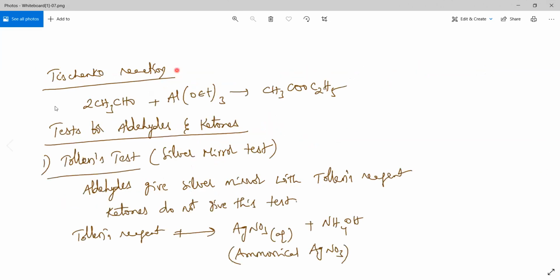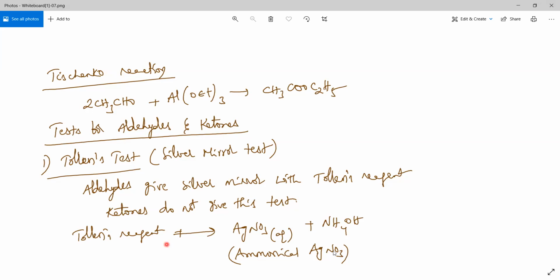And the Tishchenko reaction. When acetaldehyde is reacted with triethoxy aluminum, you will get the corresponding ester. In tests for aldehydes and ketones, Tollens' test: aldehydes give a silver mirror, and ketones do not give any test with this.